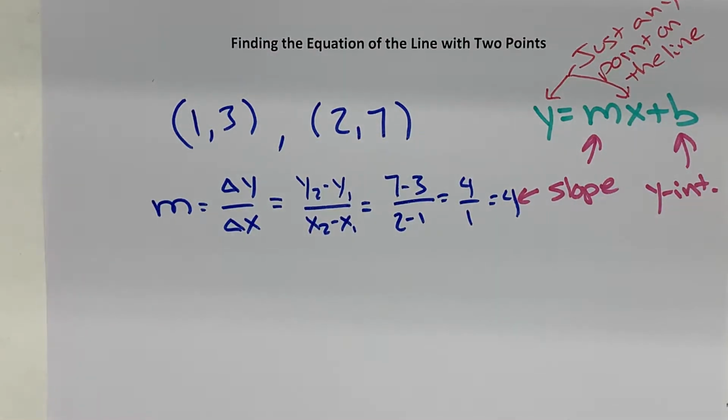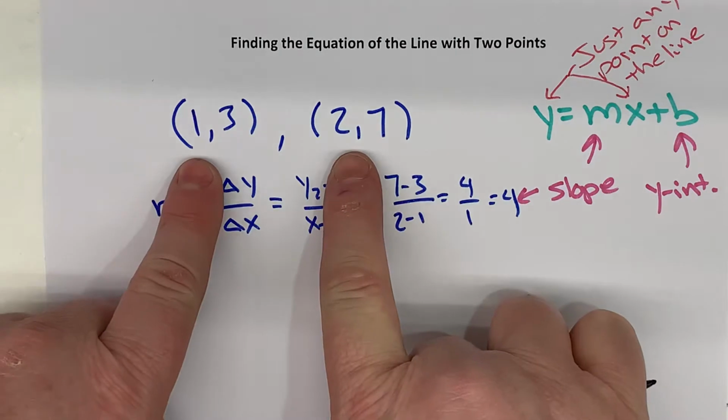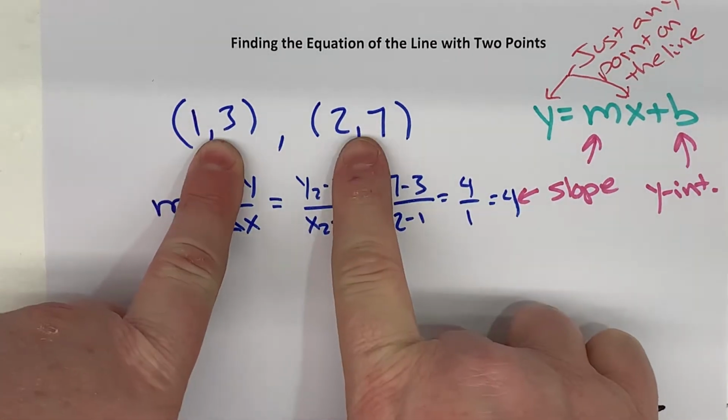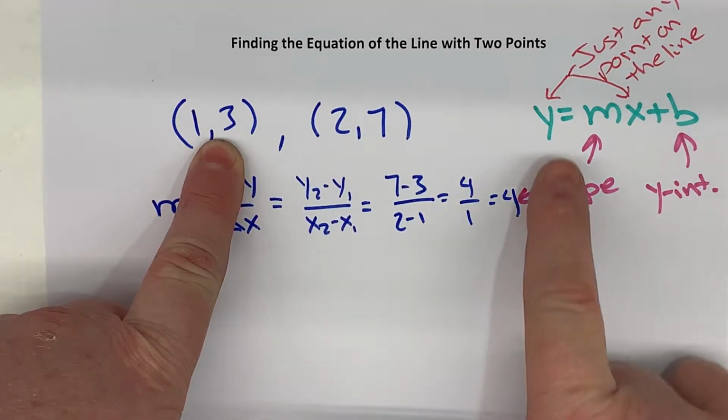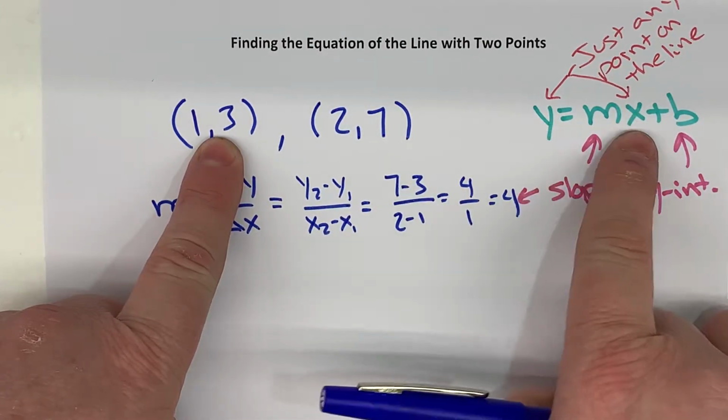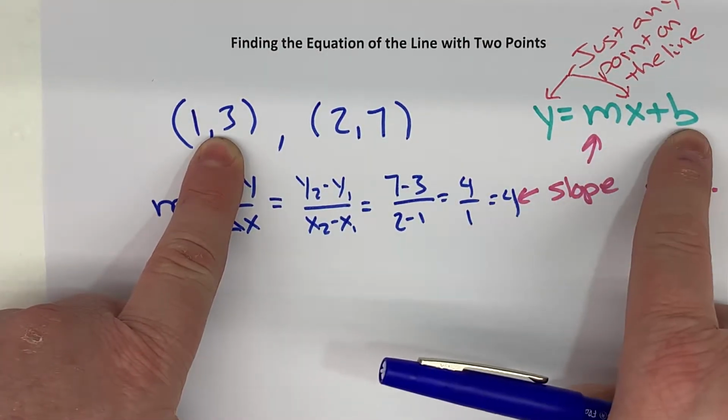And the cool thing is if our line is going through these 2 points, I can choose either one of these and that slope, put in the point for the y and the x, put in my 4 for the slope, and I can solve for b.